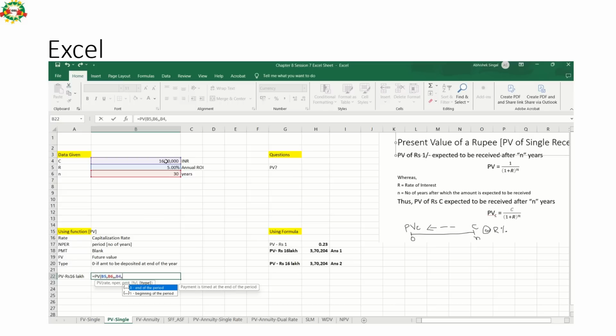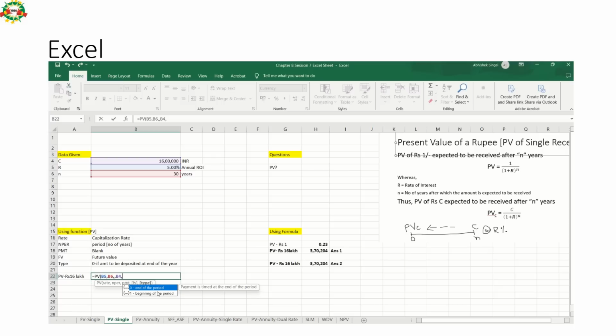99.99% in the examinations, it will be 0. Why? 0 means at the end of the period. Say we are going to get the 16 lakh at the end of the 30th year, then this value is 0. But if the examiner specifically says that you will get the 16 lakh rupees at the beginning of the year, in that case you have to select 1.